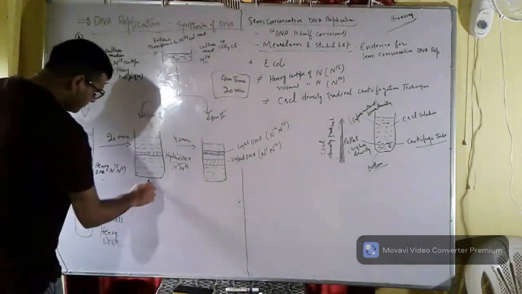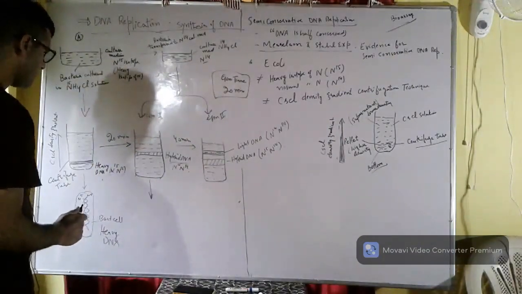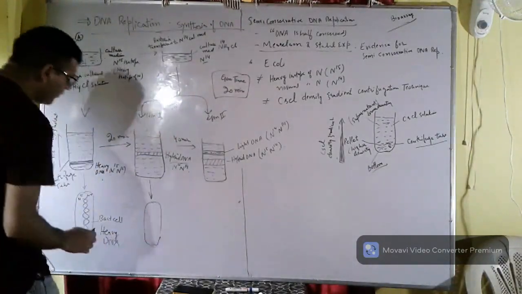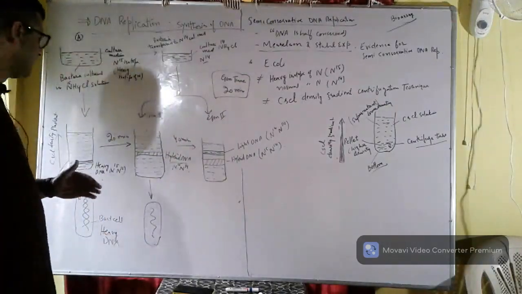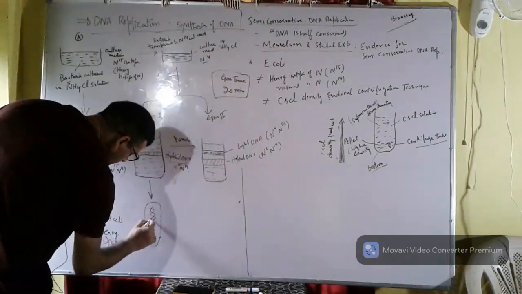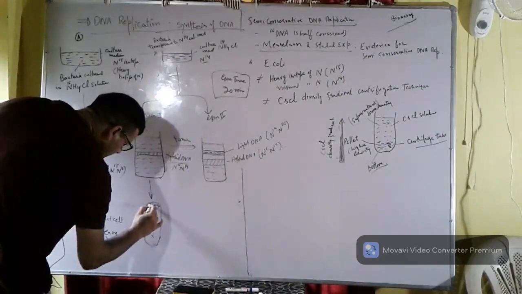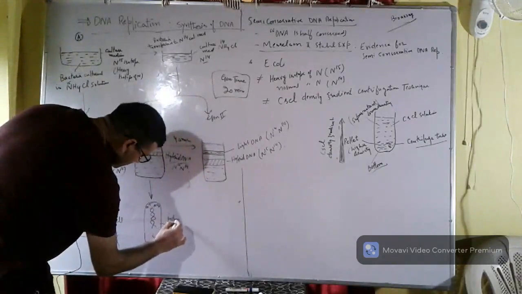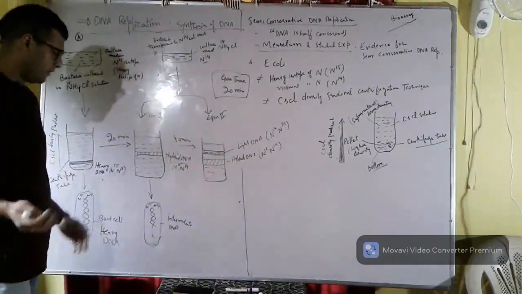Then here we have a bacterial cell, but this bacterial cell is having an intermediate DNA or hybrid DNA. One strand is N14, another is N15. So this is what is called intermediate DNA or hybrid DNA.